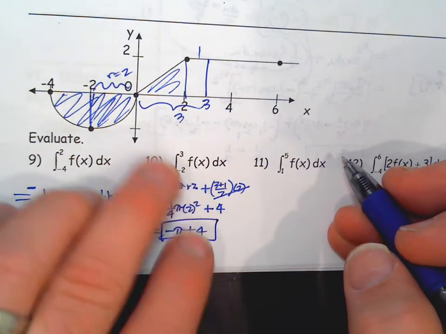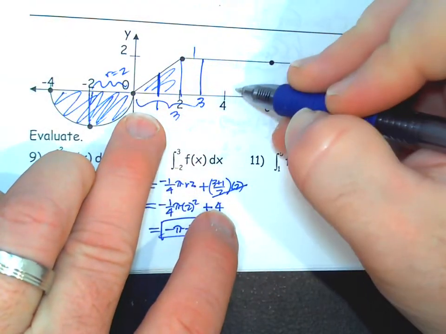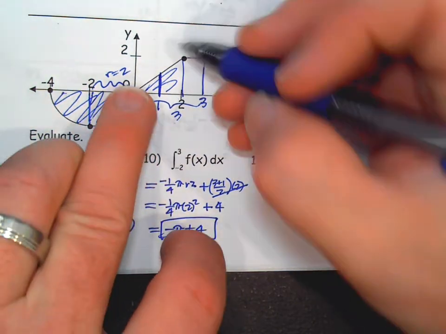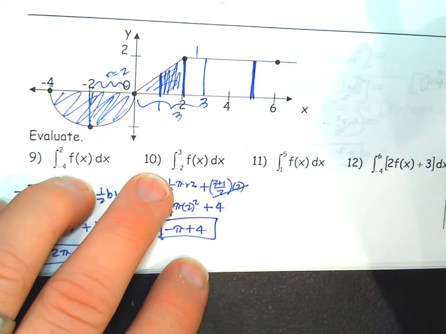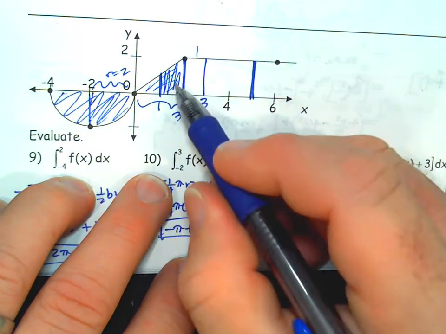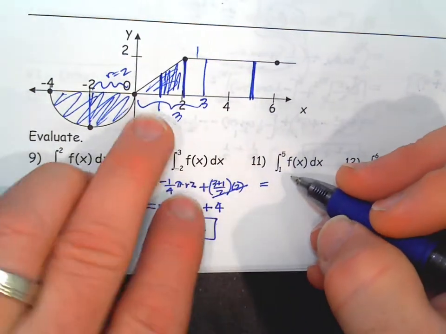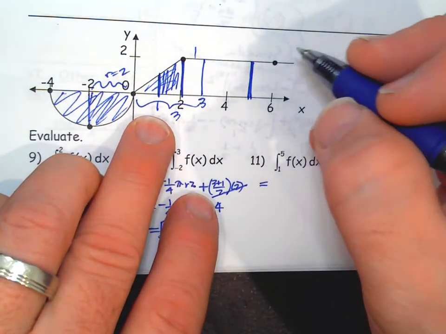Okay, next one, 1 to 5. You could do a trapezoid, or if you want to get more complicated, you do a big triangle minus a little triangle, get that. And then this is a big rectangle. So the trapezoid is going to be average of the bases, which are sideways this time.